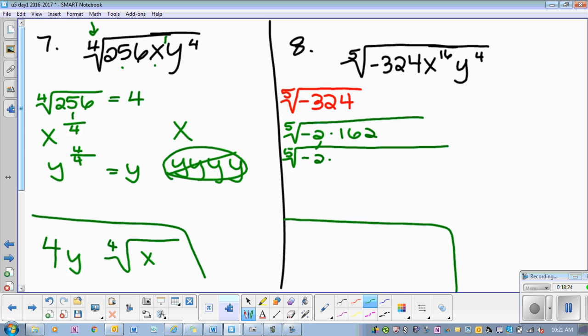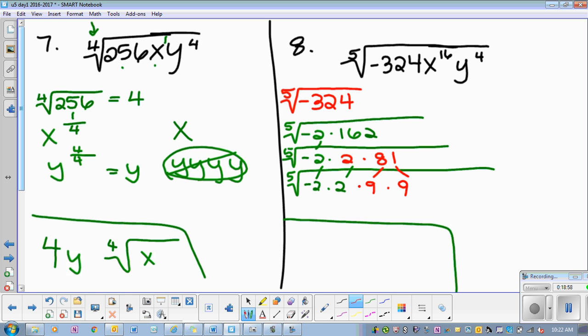What 2 numbers multiply to give you 162? 2 times 81. Yeah. Okay. So then I have to break this down again. Negative 2 times the 2. 81 breaks down into what times what? 9 times 9.